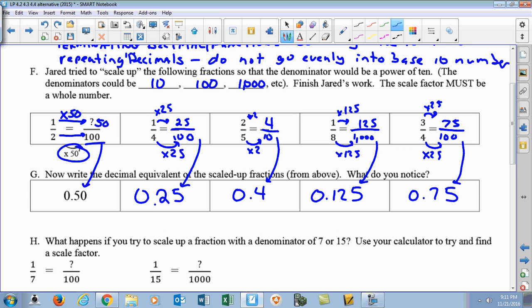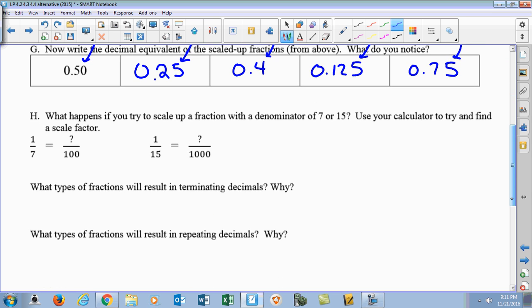All right, so what happens if you try to scale up a fraction with a denominator of 7 or 15? Well, that's a great question. I'm glad you asked. So if I try to scale up to 100, can 7 go into 100 evenly? If you take 7 on your calculator and divide it into 100, does it go in evenly? 7 divided by 100 is 0.07, right?